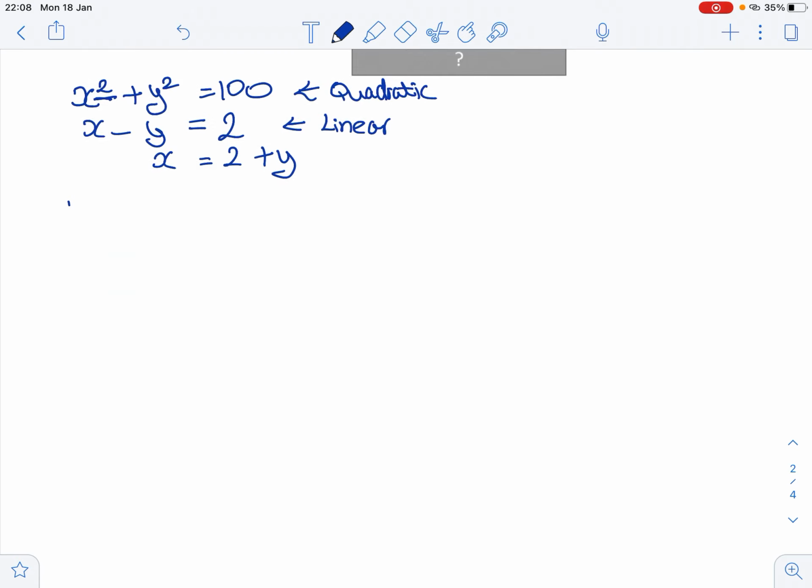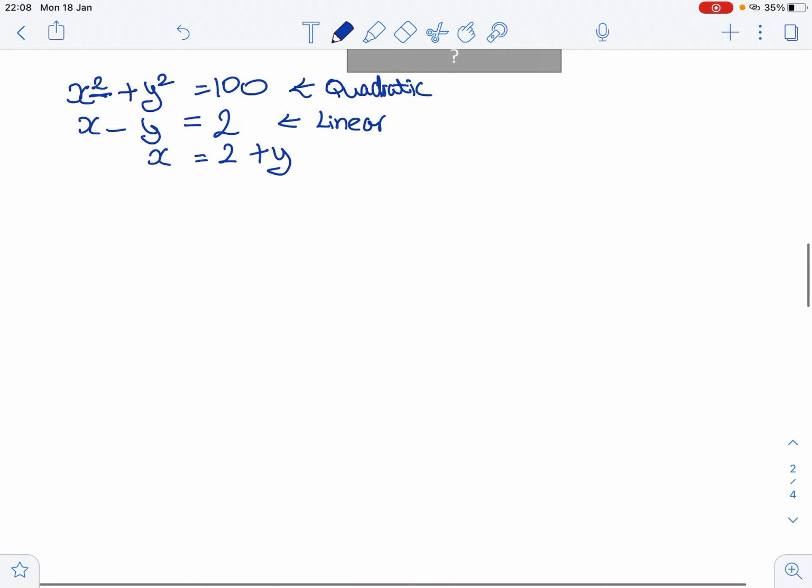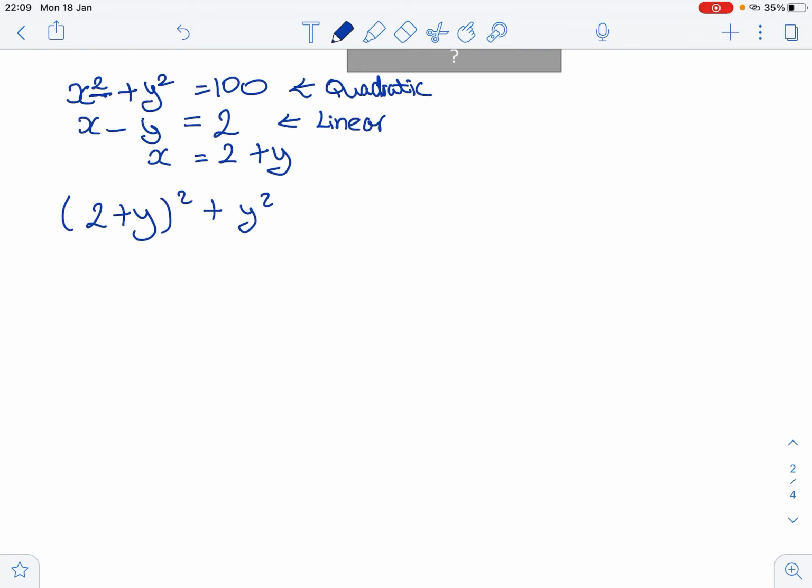So I have my x is now 2 plus y, so it's (2 plus y) squared plus y squared equals 100. So (2 plus y) squared is the same as (2 plus y)(2 plus y), plus y squared equals 100.